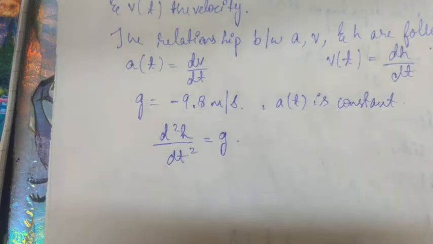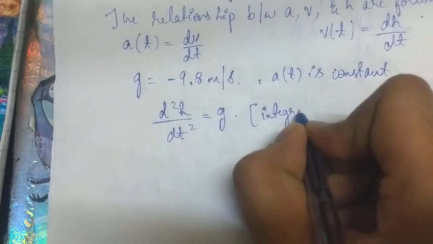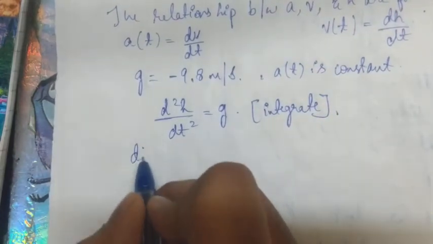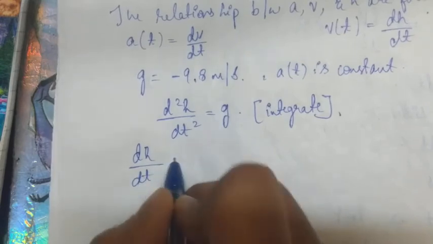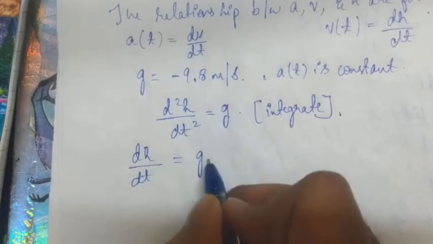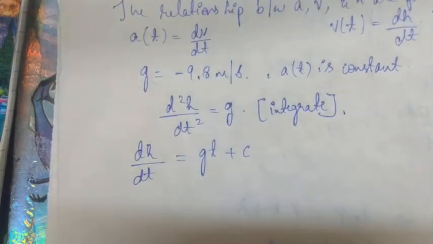If we integrate this, let's write it down. Let's integrate. We get dh by dt is equal to g t with respect to t plus a constant c.